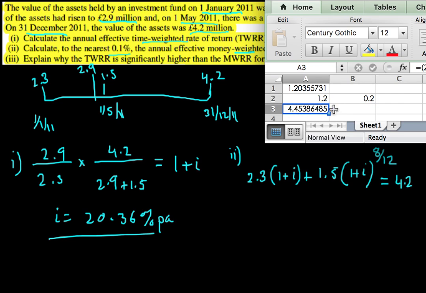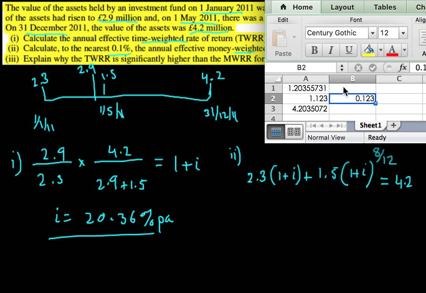We've got to lower the interest rate to make it 4.2. Let's see what happens if we make it 15%. Not quite. If we make it 10%, still not quite. So let's go 12.5%. 12.5, we're almost there. We've still got to lower it a bit. You really could be sitting in the exam with your calculator, with the time that you're in there.